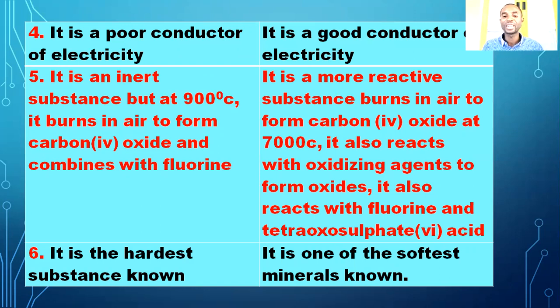It also reacts with oxidizing agents to form oxides. It also reacts with fluorine and trioxosulfate(IV) acids. Diamond is the hardest known substance, while that of the graphite is one of the softest minerals known.